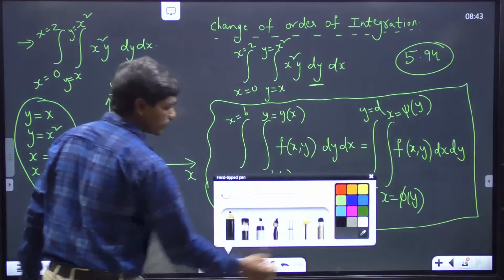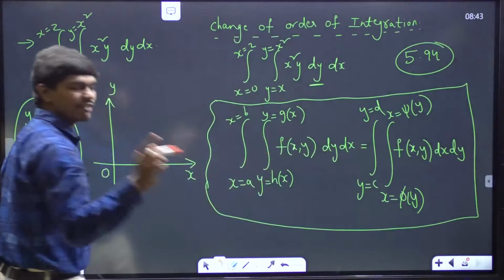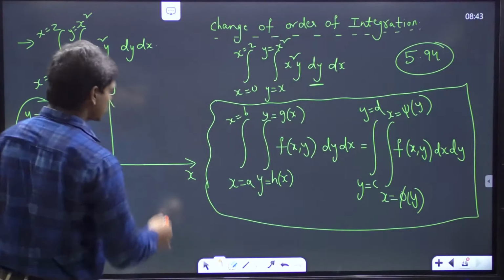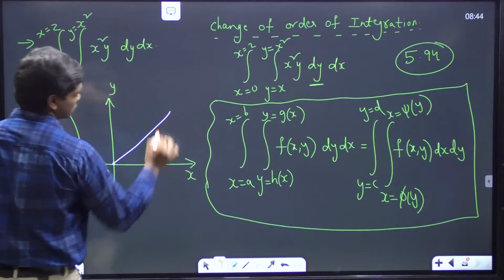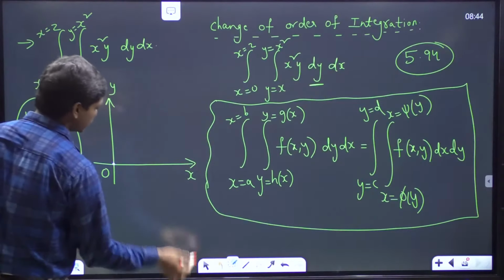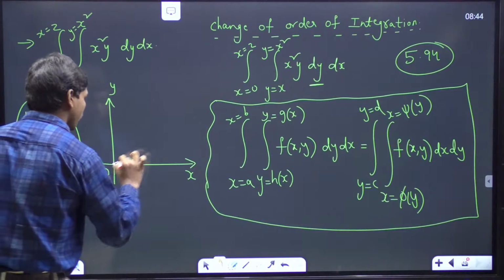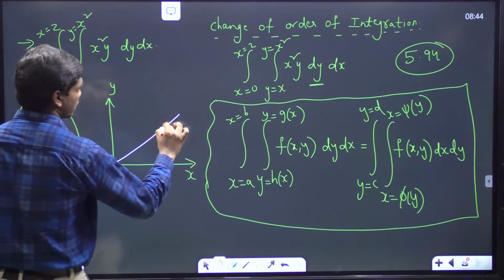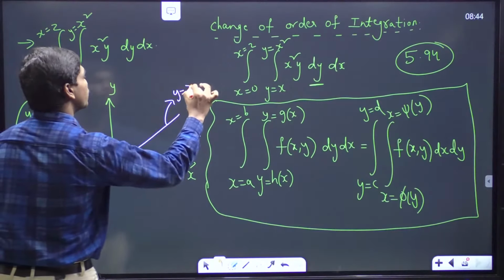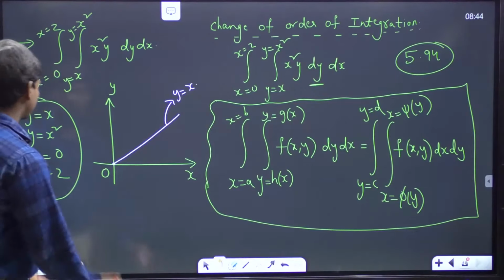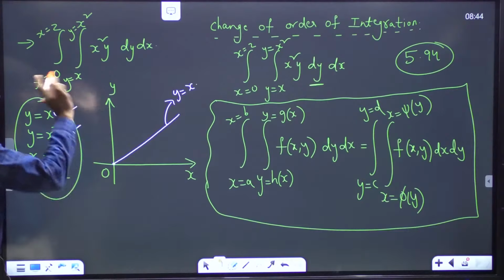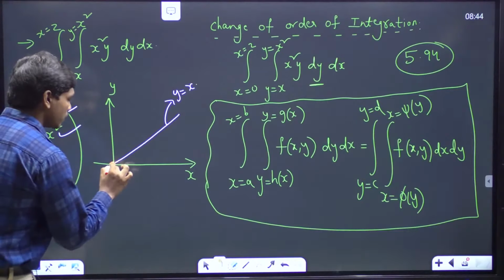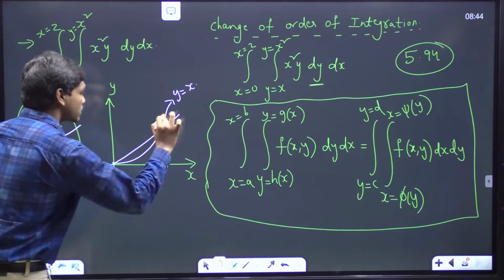How does y is equal to x look like? I have given you the graph of y is equal to mx. So you know y is equal to x looks something like this. I hope it's not a straight line, so let me draw it. Something like this. So y is equal to x. Next, what is the next curve? y is equal to x square. The curve y is equal to x square looks something like this.